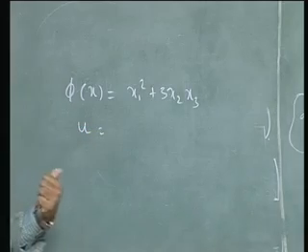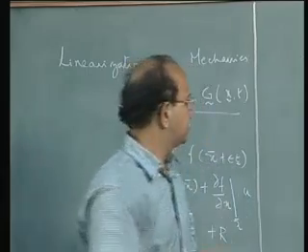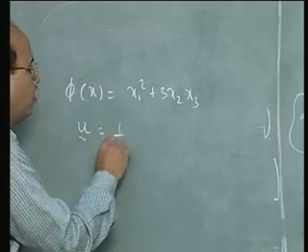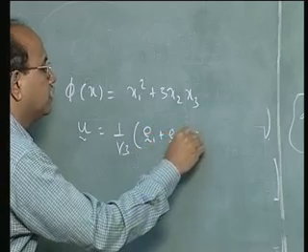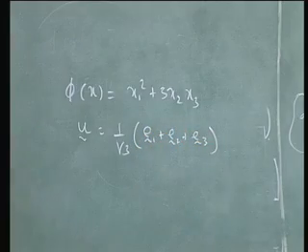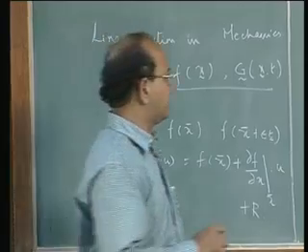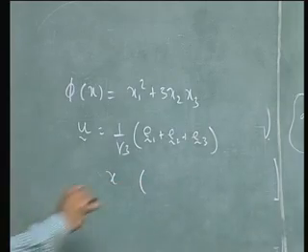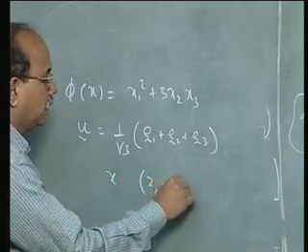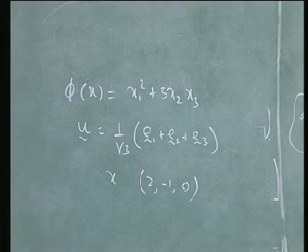See, I am giving you a direction. Along the direction u, say, which is given by 1 by root 3 of E1 plus E2 plus E3, at the point x given by 2, minus 1, 0.